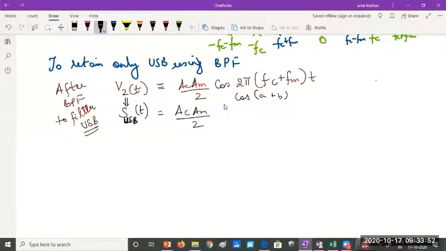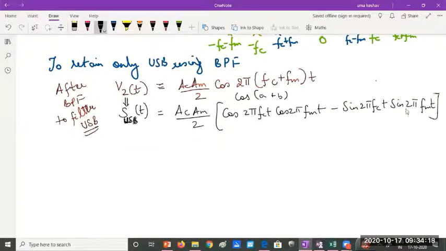What is cos of A plus B? Anybody? Cos A cos B minus sin A sin B. Yes: cos 2 pi Fc t cos 2 pi Fm t minus sin 2 pi Fc t into sin 2 pi Fm t. Cos A cos B minus sin A sin B. Okay. So please remember this.